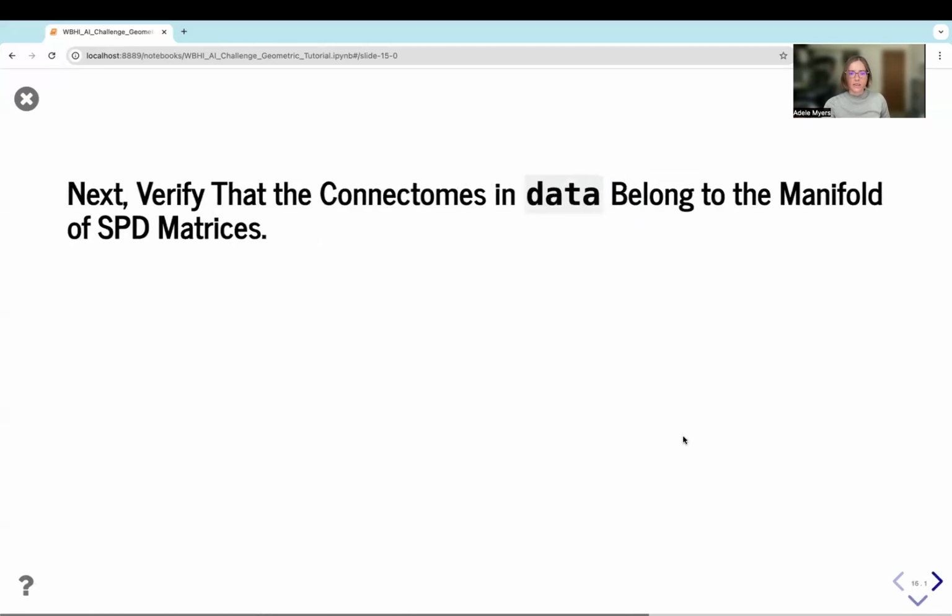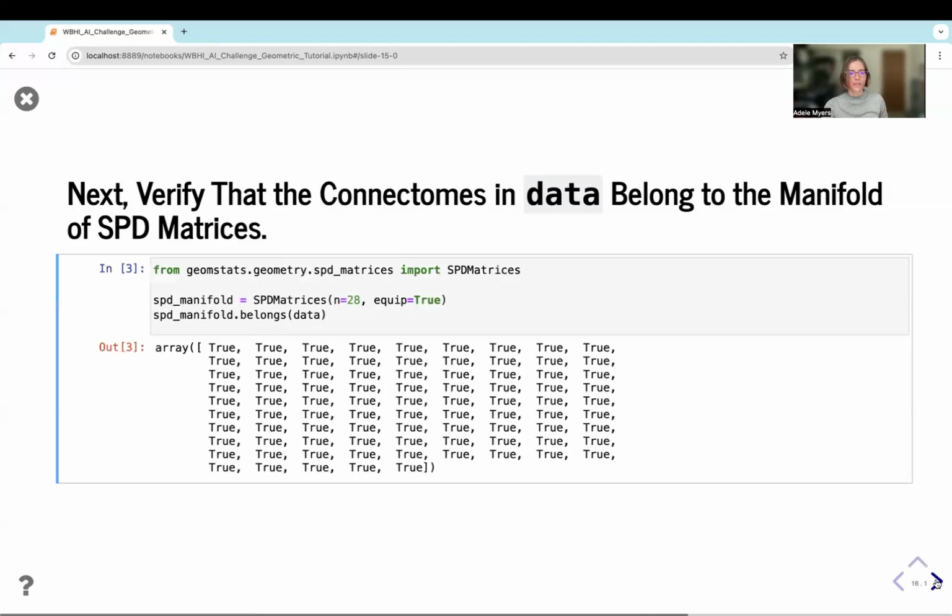Next, we're going to verify that the connectomes in the data actually belong to the manifold of SPD matrices. This is another good practice when you're working with data on manifolds: make sure that your data actually lies on the manifold that you think it does. When we feed the SPD connectome data through manifold.belongs, which is a Geomstats function that just checks whether the data falls on the manifold that you're considering, it returns true.